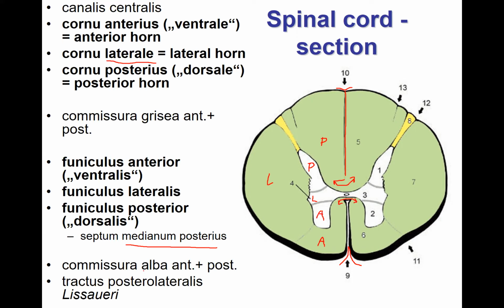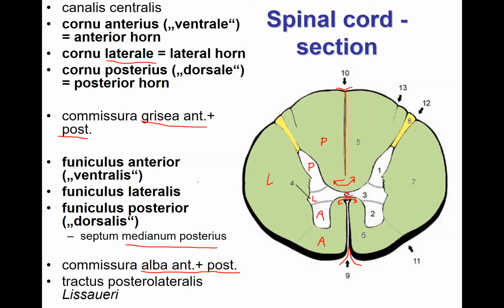So we call them anterior and posterior white commissure. So the left and the right parts are connected only here in the middle. These small areas, which also connect the gray matter, are called gray anterior and posterior commissures. They are very small ones.